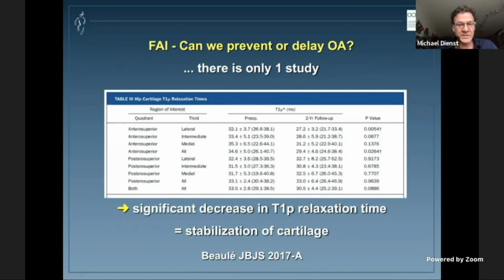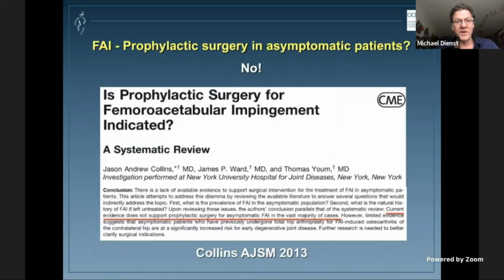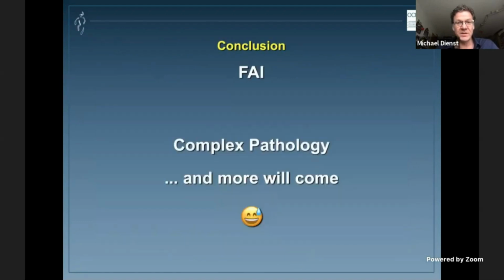What they showed is that 1 or 2 years after surgery the cartilage is stabilizing and the bone mineral density is decreasing, indicating a decrease of stress to the anterolateral rim. Final question is, prophylactic surgery in asymptomatic patients, is that indicated? No, we don't have any evidence to prove that, so we have to wait for such studies in the future.